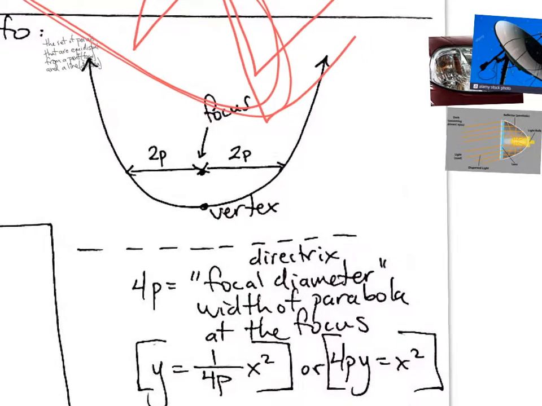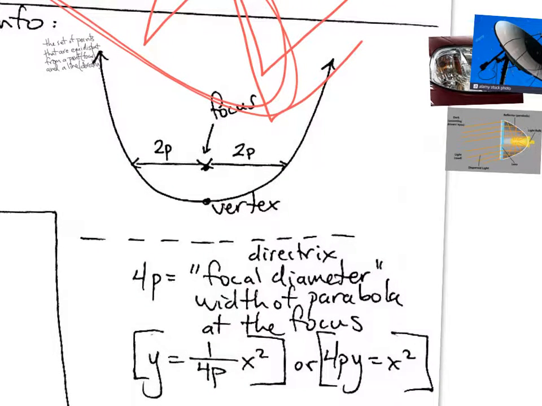Alright, more specifically, we have this. Here's the vertex of the parabola, and the focal point. Again, any point on the parabola is the same distance from here to here, the directrix. That's how directrix is spelled.